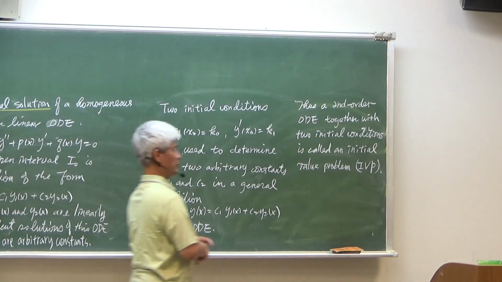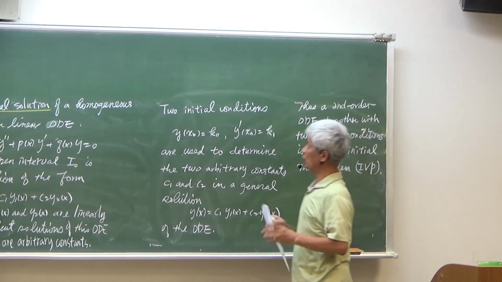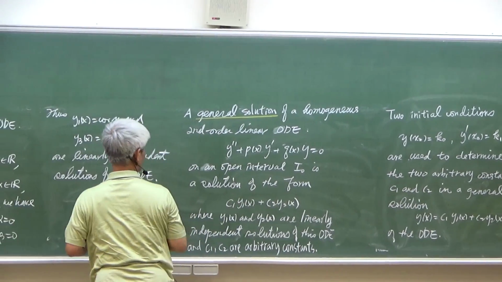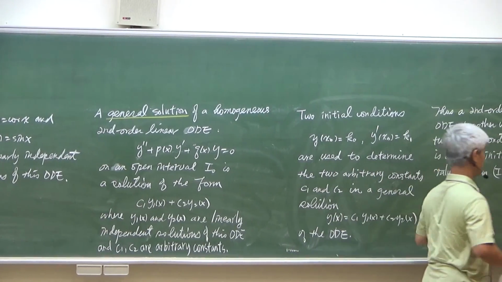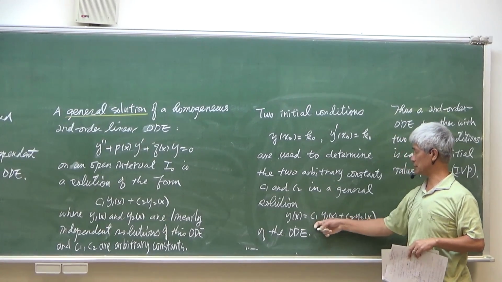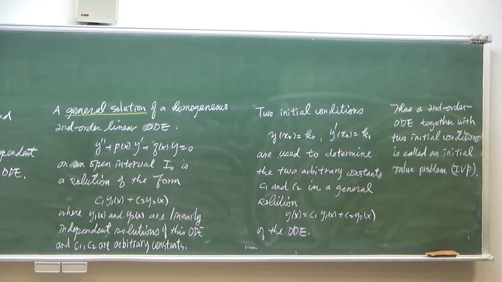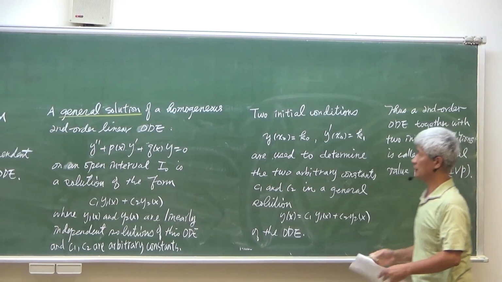From the homogeneous linear ODE case, you know why we need two initial conditions: the general solution consists of two arbitrary constants.